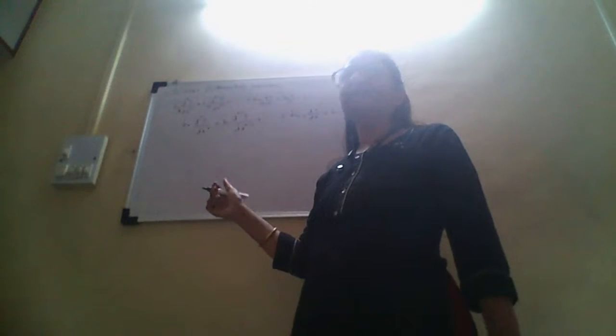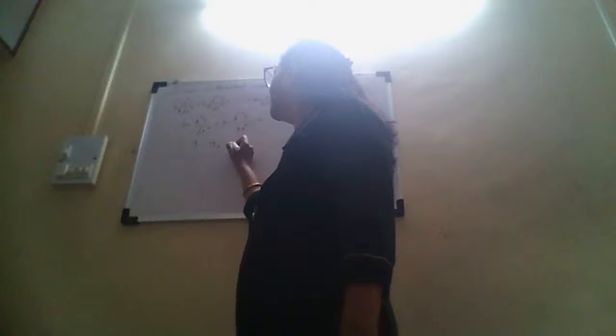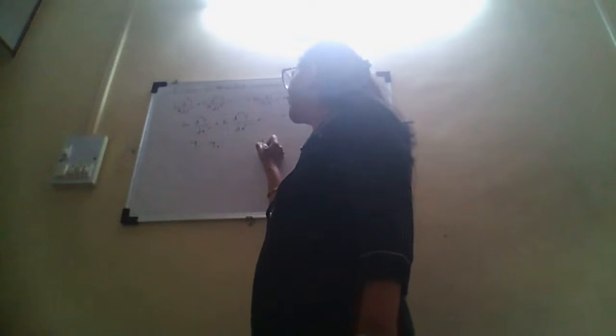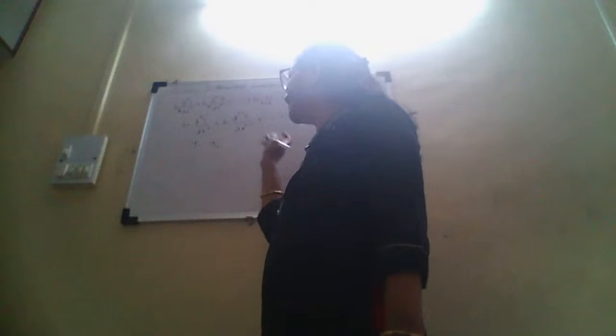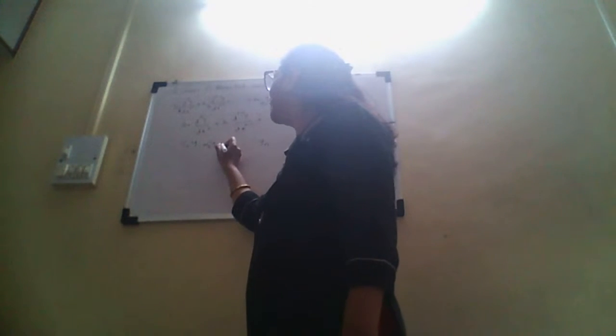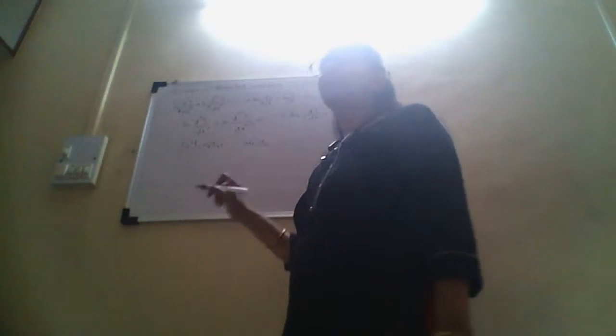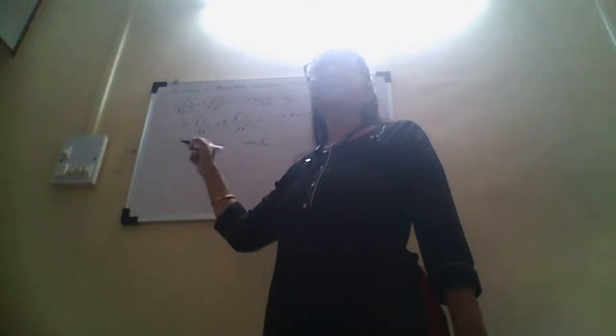Obviously, n solutions are possible. So I will call those solutions y1, y2, and so on up to yn, the maximum number of solutions. So its linear combination is c1 y1 plus c2 y2 plus so on plus cn yn. So it's a linear combination of these solutions.